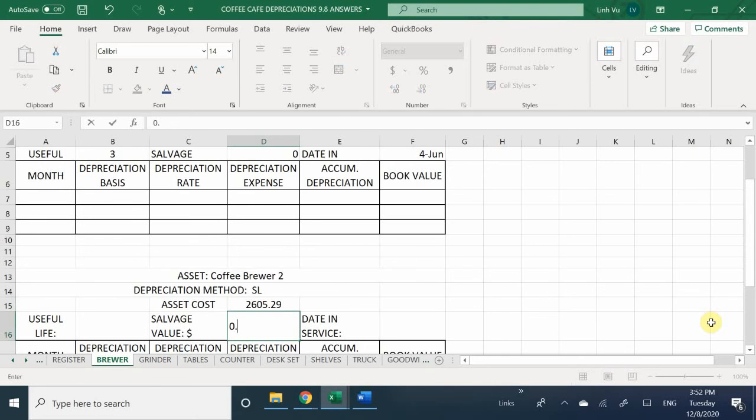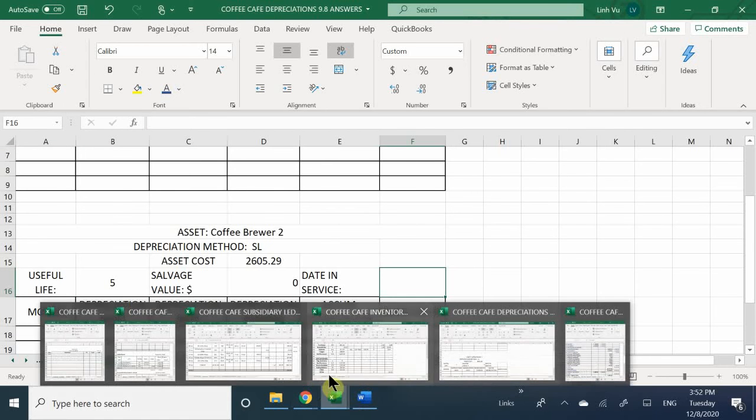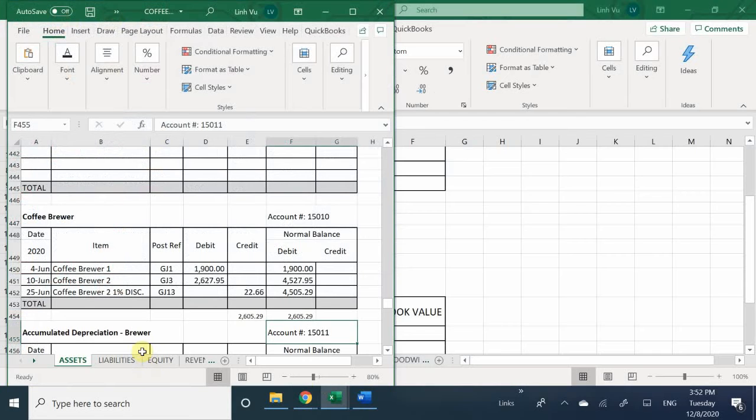Good. Again, we recognized there was 0 salvage value and there were 5 years remaining. And of course, what was the day that we bought this item or actually placed it into service? Would we do June 10th? Yes, okay, June 10th.